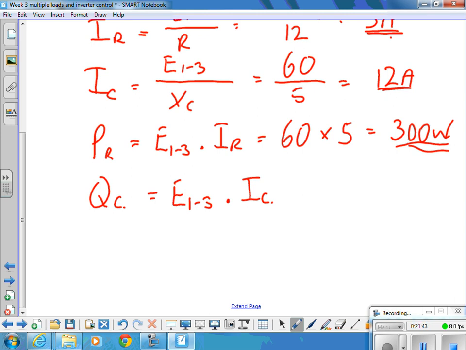It's 90 degrees out of phase with the power, but it can still be calculated using that formula. So it's the 60 volts times the 12 amps, which is 720 var.